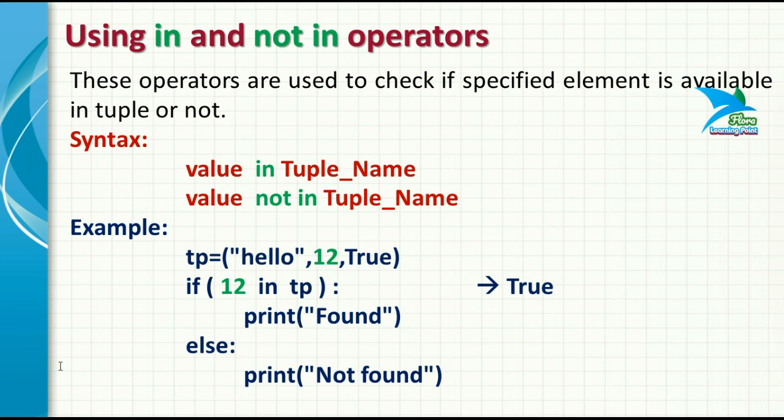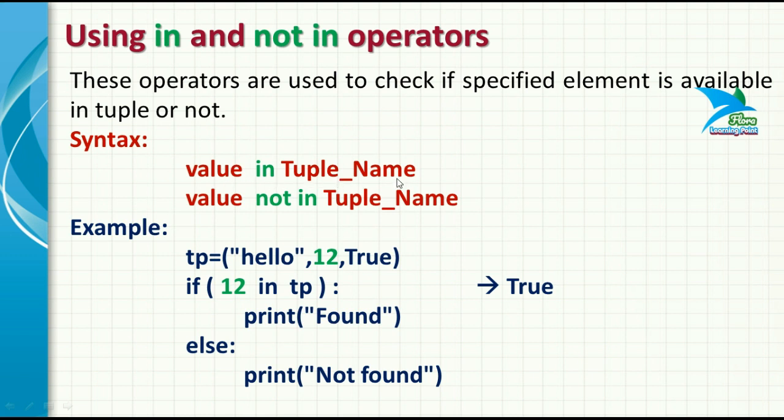After the discussion about the concatenation operation, we'll discuss the in and not in operators in tuples. As we know, the in and not in operators are used to check if a specified element is available inside the tuple or not. Here we have the syntax to use them.